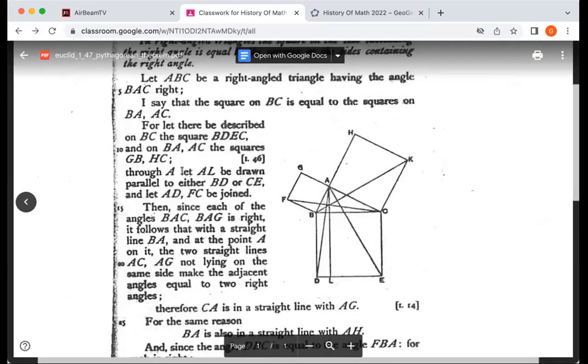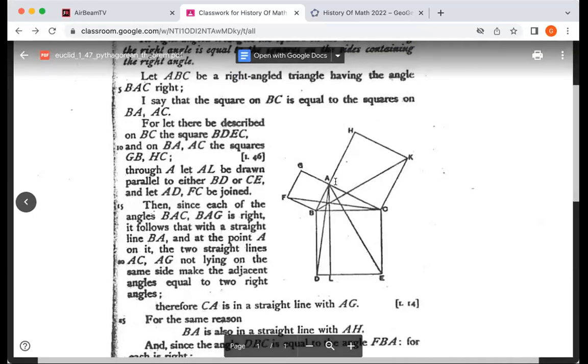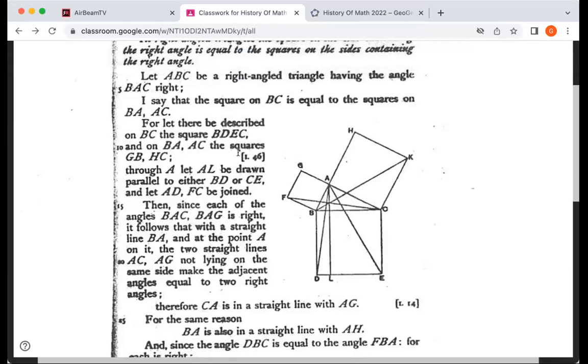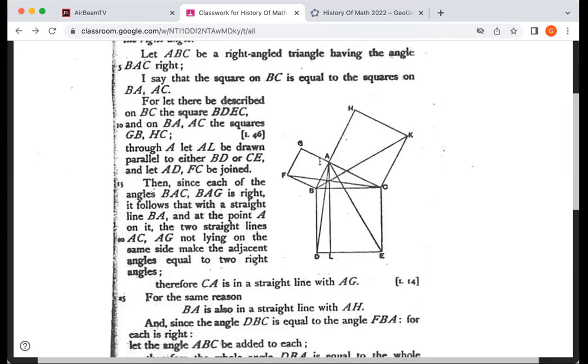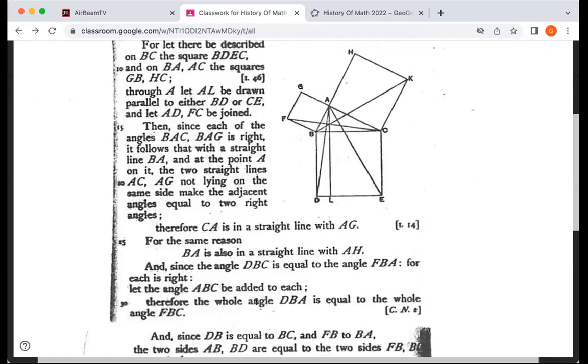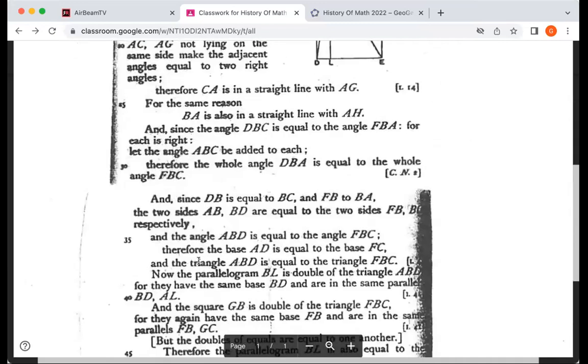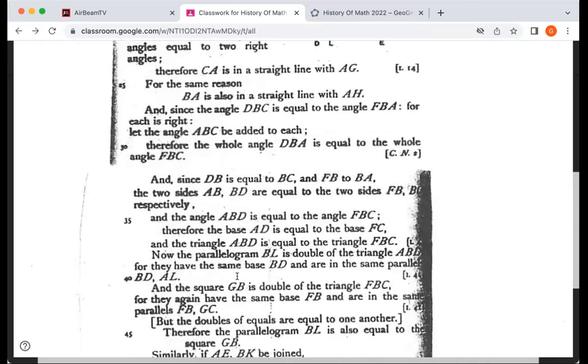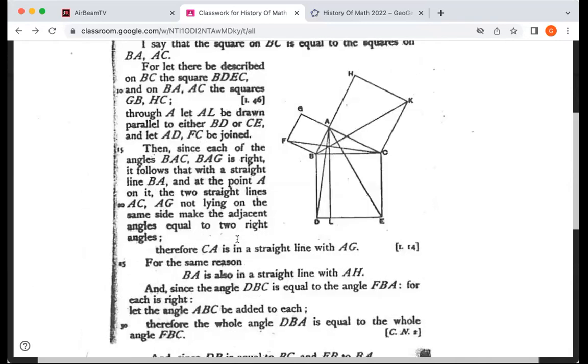It spends a while proving that. In these days, squares and rectangles they would describe with 2 letters a lot of the time. Let's see what they do here. See, they say square GB.